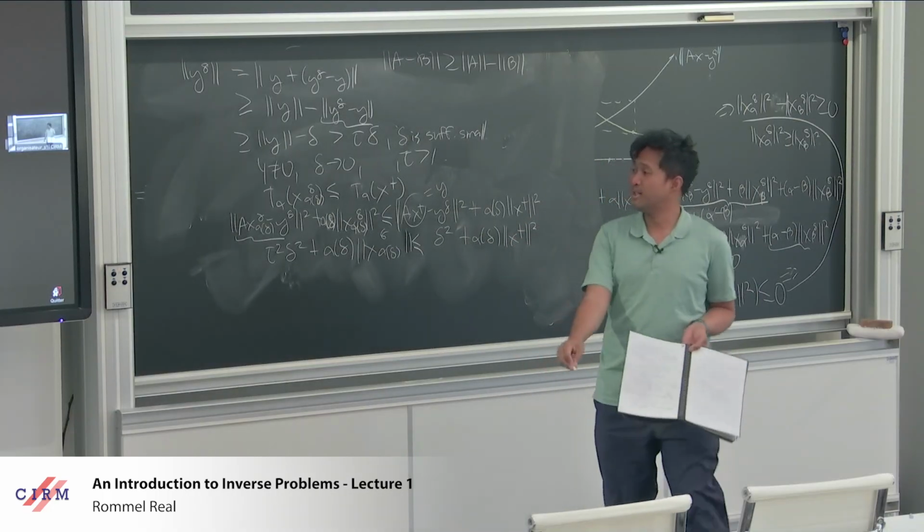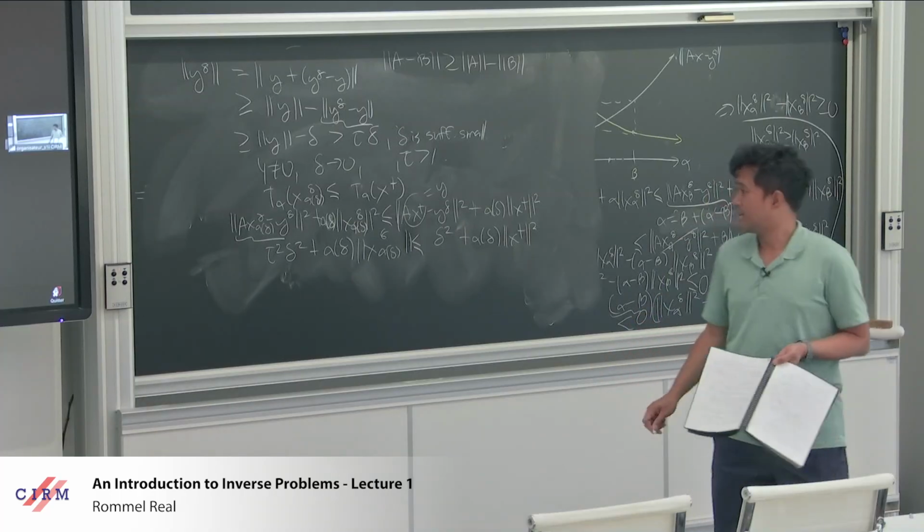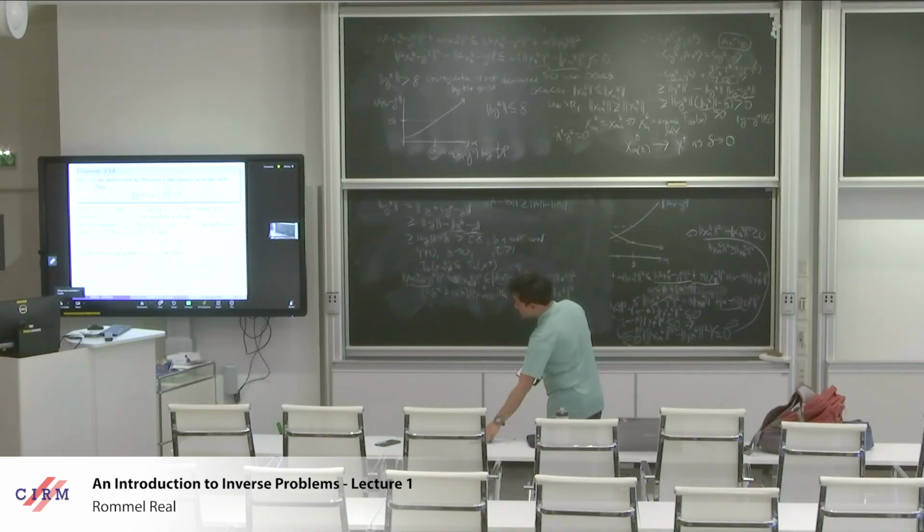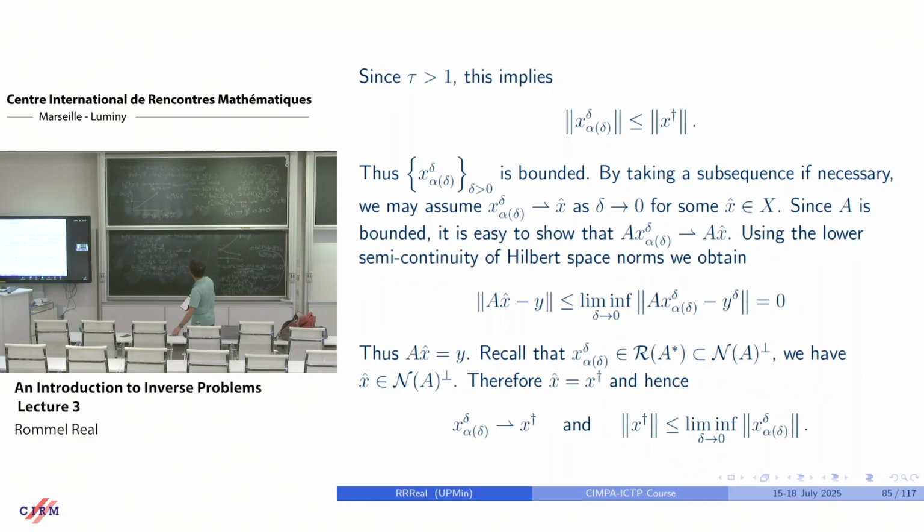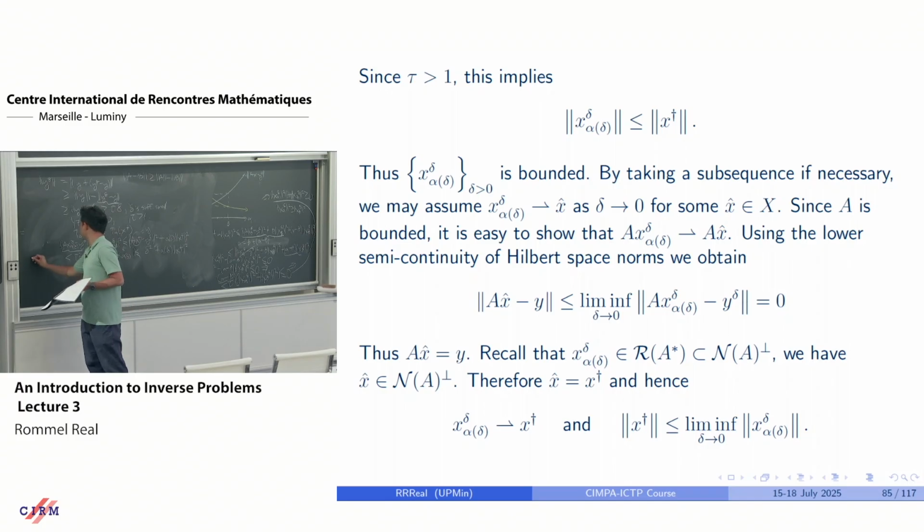After that we can simplify further, because since tau is greater than 1, this will imply that this thing here is greater than delta squared plus alpha of delta times the norm squared.